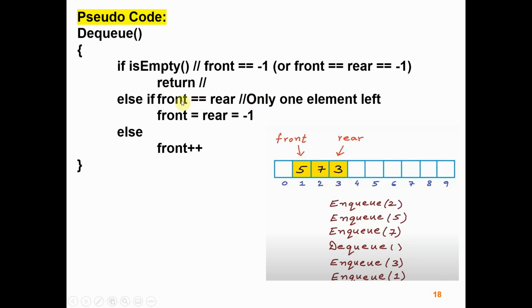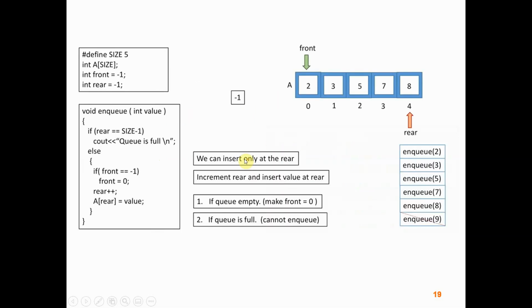If front and rear are equal, it means this is the last element in the queue, and after this the queue is going to become empty, so we have to initialize both front and rear to be -1. Otherwise we just increment the front index. That's it, right? As mentioned, the downside is that we waste memory.